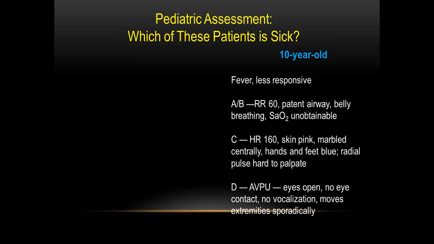Because you check this kiddo's respiratory rate, he's got a respiratory rate of 60. Is that normal? No, it's not for a 10-year-old. It's too fast. It's not in the normal range. Okay. He's got a patent airway, that's good. He's belly breathing. Should a 10-year-old be belly breathing? No. The fact that you can't get a sat on him, is that concerning?